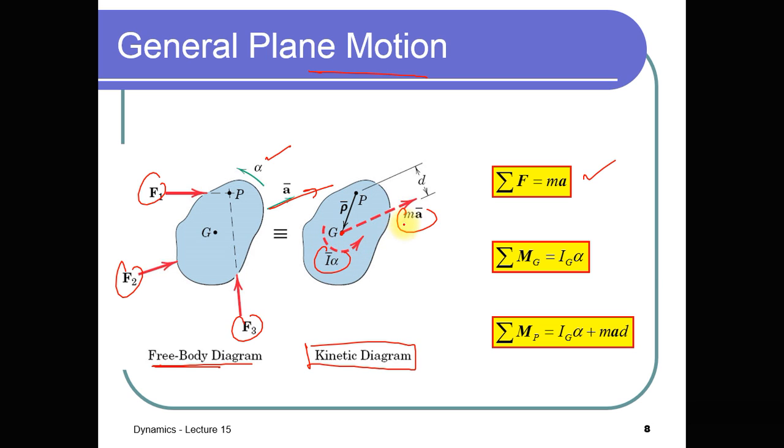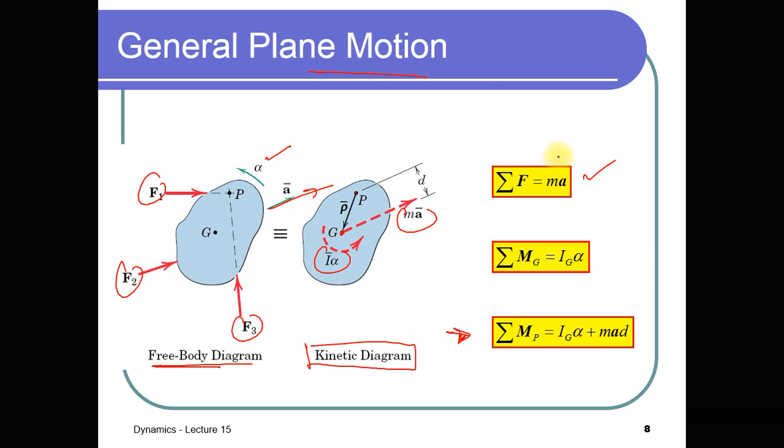We can still take the sum of moment either at point G or at point P. If we want to switch the sum of moment from point G to point P, we can do so by considering this equation.